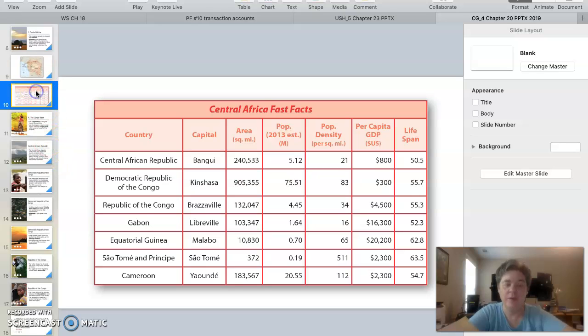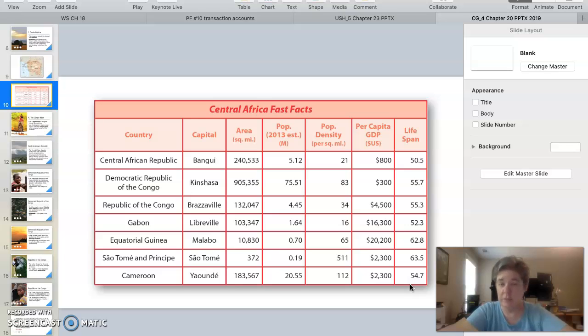One other thing I wanted to remind you of from yesterday is looking at this chart of the facts of the nations of Central Africa. Look at these ages of lifespan. They're very short. Many of these countries, the people are lucky to live past the age of 50 to 60.